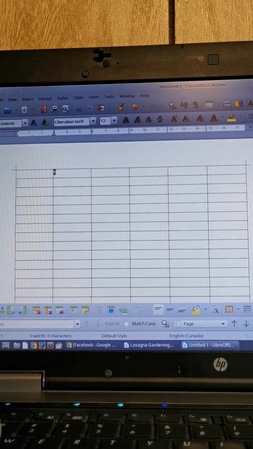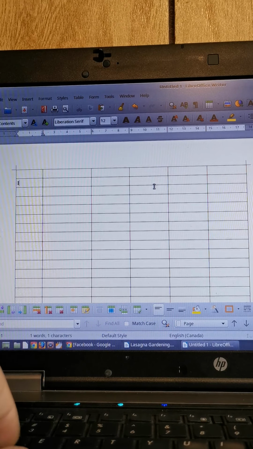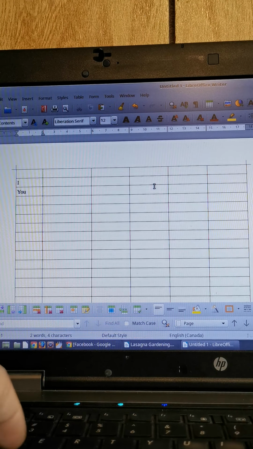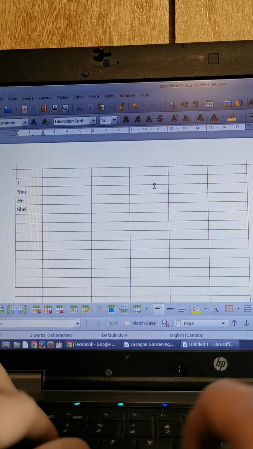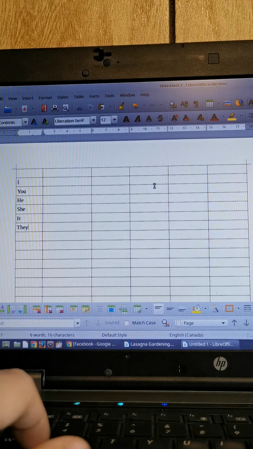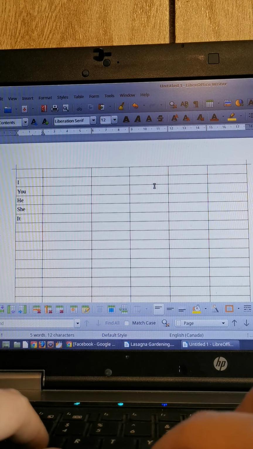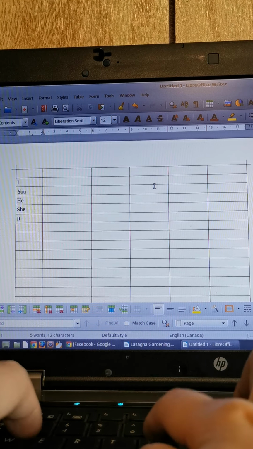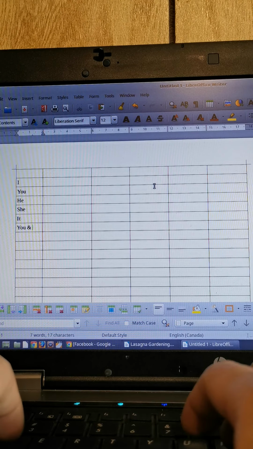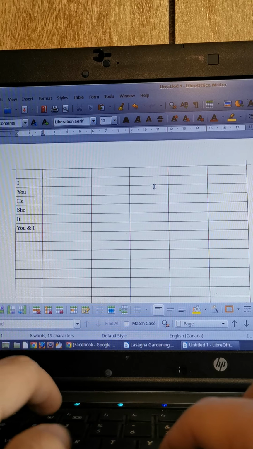Okay, so we'll make this first column the English. So first is I, then you, he, she, it, they, actually you and I just had a senior moment.